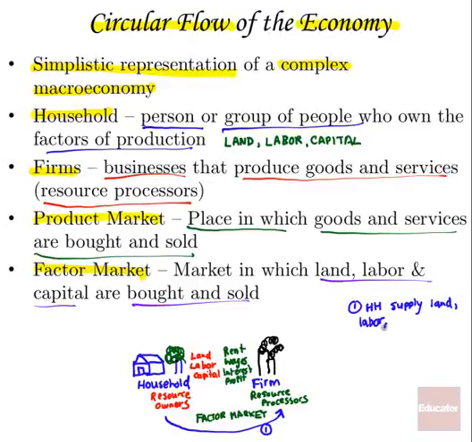So again, they're the owners of land, labor, and capital, so they're going to supply it. But again, we understand that you're not going to work for free. You're not going to give away land or resources. You're going to sell it. So they're the sellers in the factor market. Households are the sellers, and they get income as a result. So I'm going to draw an arrow here, number 2 here.